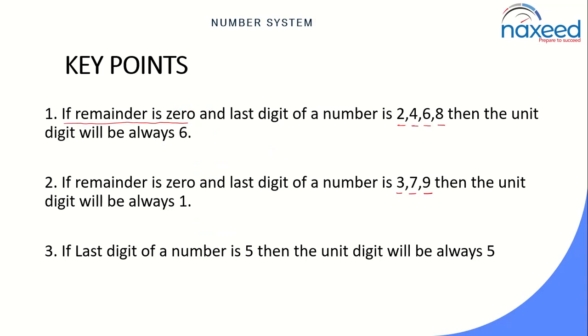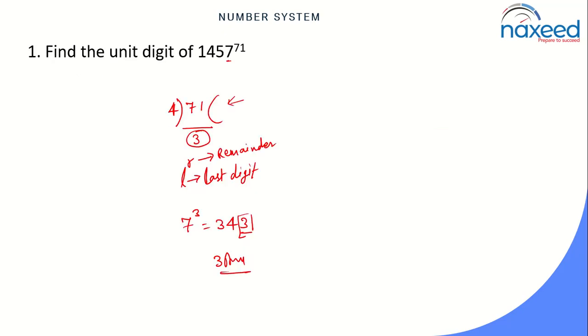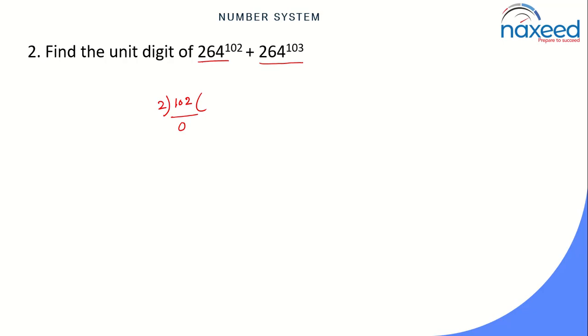So if the remainder is 0 and the last digit is 2, 4, 6, 8, in our question it is 4, then the unit digit will always be 6. You have to remember this for direct calculation, okay? So directly we will put here 6.